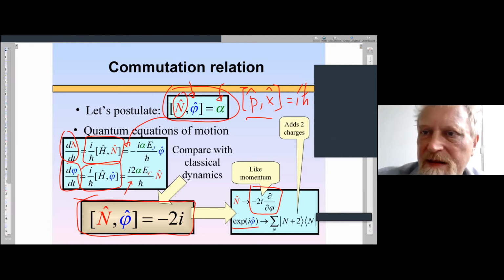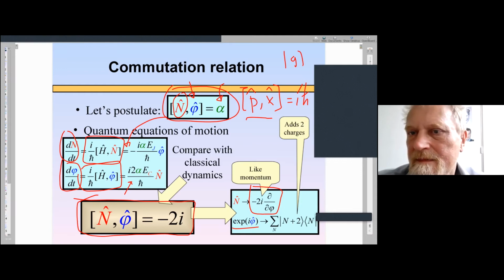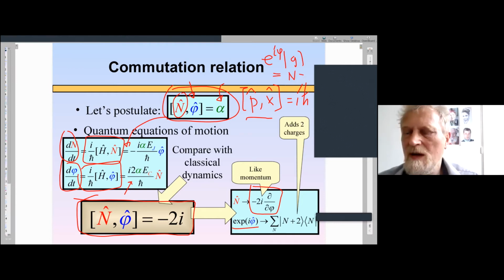So if I just take a superconducting state and multiply it with a phase factor, I get the same state with one extra Cooper pair. All right, good. I did my magic.